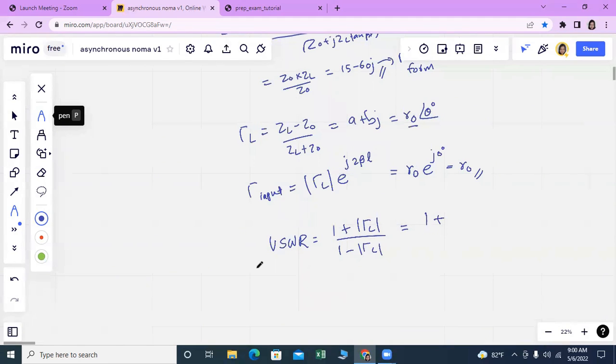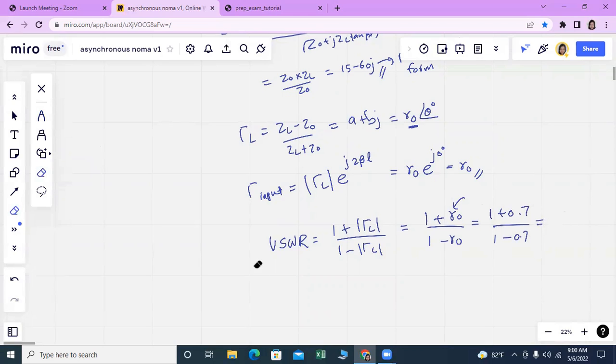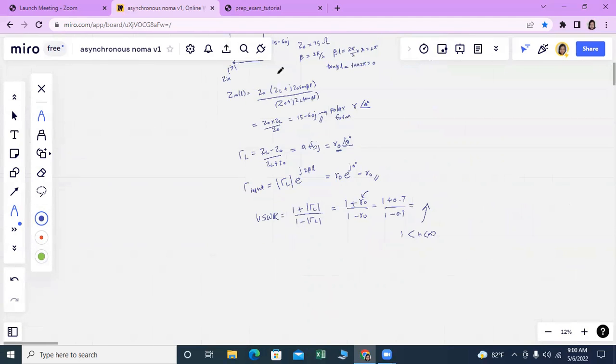Because R naught is the magnitude of the reflection coefficient, you can put the R naught value here, and then you can find the final value. For example, you will get for R naught maybe some value like 0.7. Then you can substitute that value, and you will get some value for this. It's not a value between 0 and 1. It's going to be between 1 and infinity. So you have to get some value between 1 and infinity here as a VSWR.